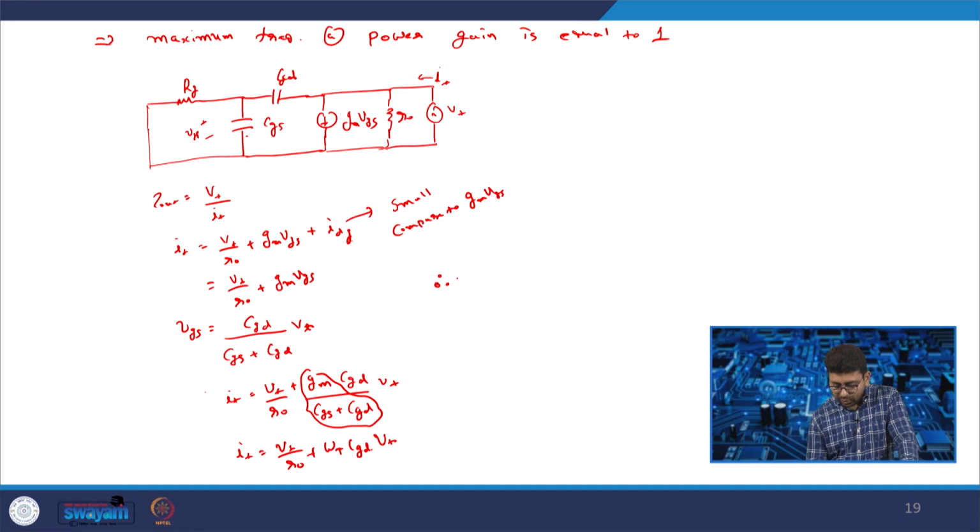Then your VT by IT, which is the output impedance, is nothing but 1 by RO plus omega t into CGD. Omega t we can write as 2 pi FT. So, this is the output impedance, that is Z out.